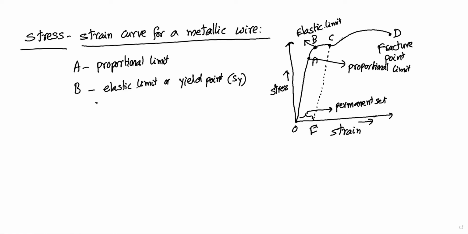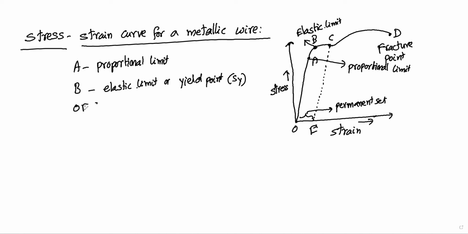Beyond point B, strain increases. You can see that the strain is increasing beyond point B, more rapidly than the stress. If load is removed at any point C, the wire does not come back along the path BAO. It comes along the path CE, the dotted line. Even on reducing the stress to 0, the residual strain is equal to OE.